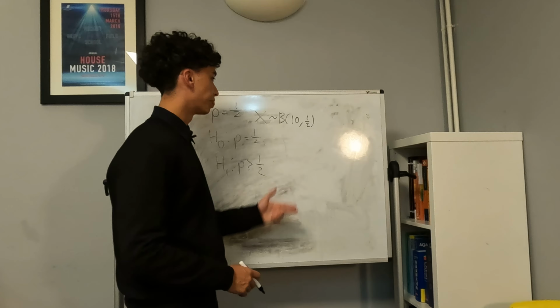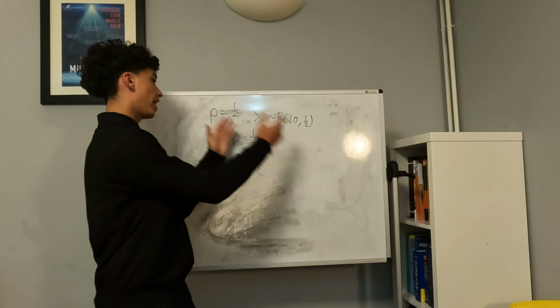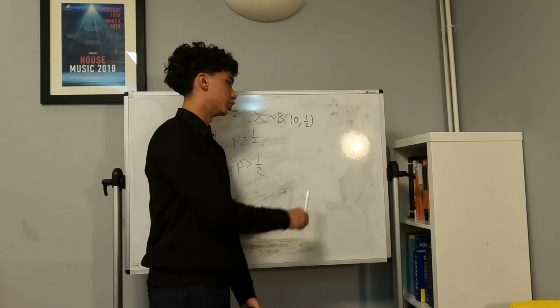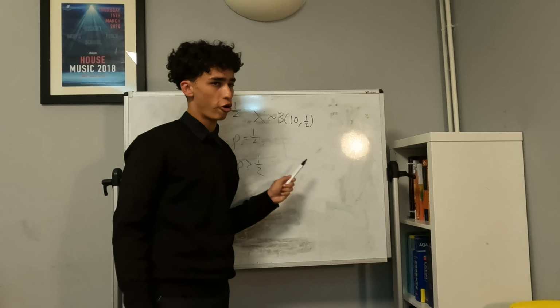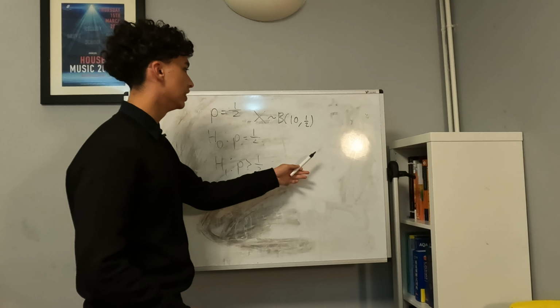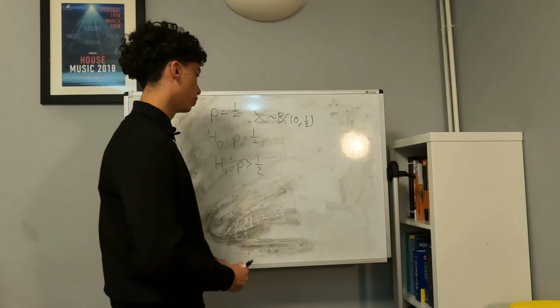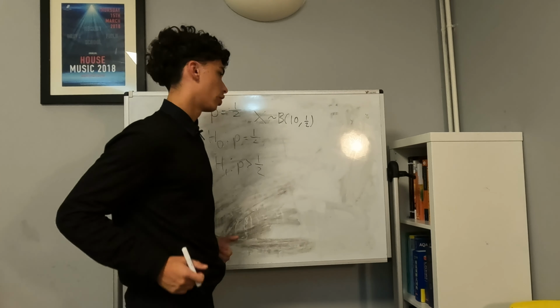Okay guys, so this is what the distribution will be following under the H0 hypothesis, okay? X follows a binomial distribution of 10, 1/2. 10 is the number of trials, 1/2 is the probability which we've assumed to be 1/2 because we've assumed the coin to be fair. Okay guys, so we're going to find the probability.